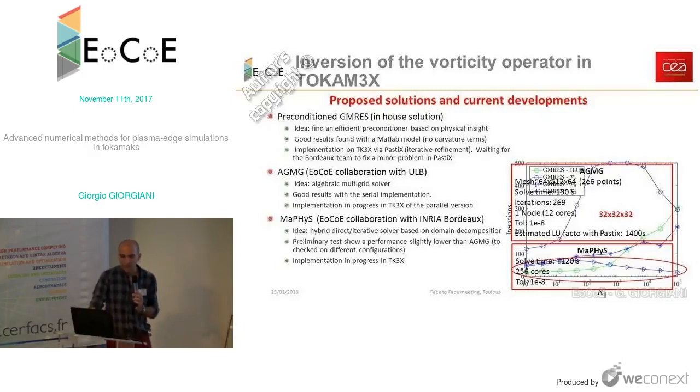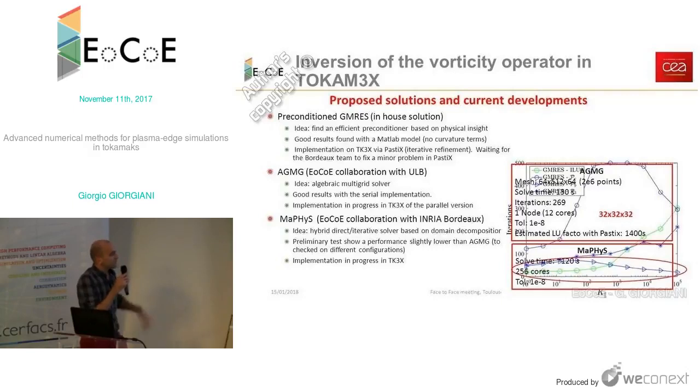The second approach that we are trying is the use of the AGMG solver, which is an algebraic multigrid solver. It is already implemented in the serial version in TOKAM3X, and we have some nice results so far. For example, for this case, it's 2 million unknowns.